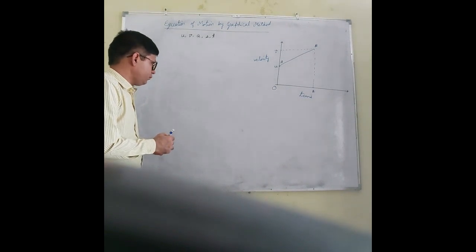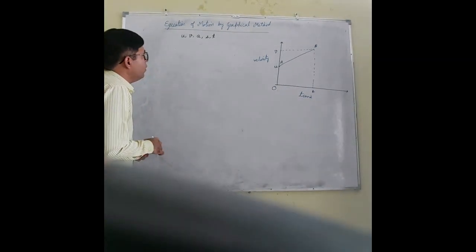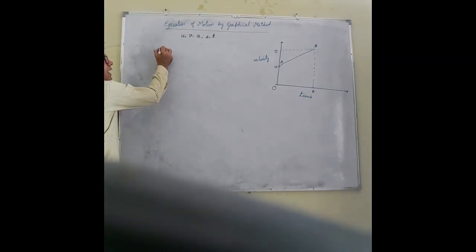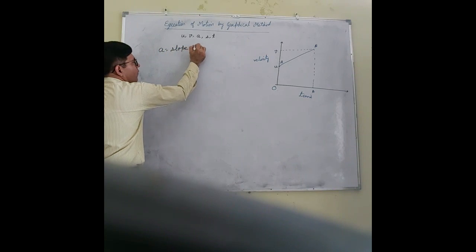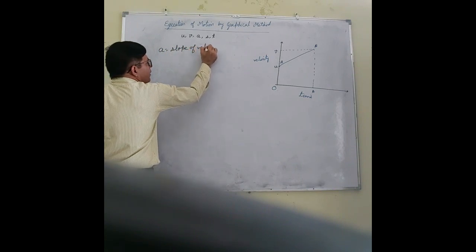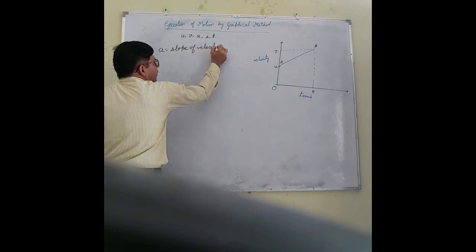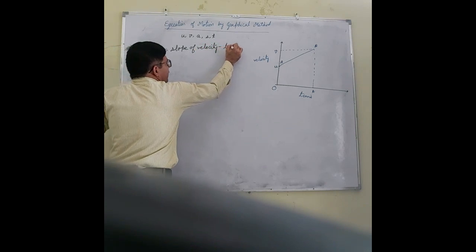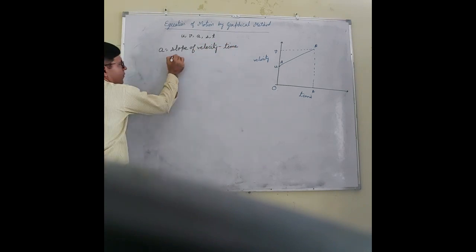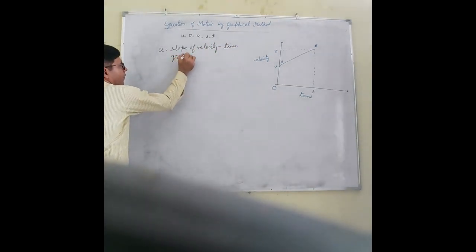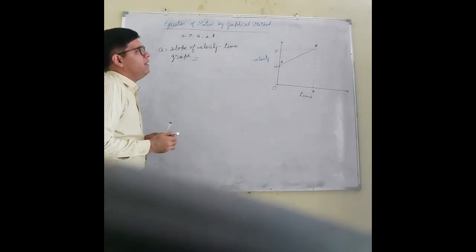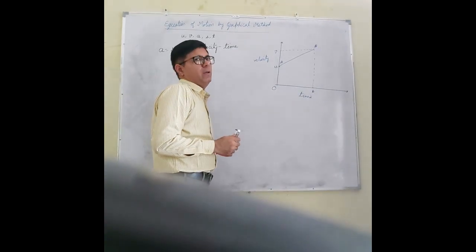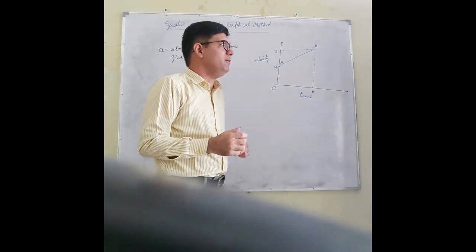Now, all of us know that acceleration is given by the slope of the velocity time graph. And how can we calculate the slope? Calculation of slope is very easy.